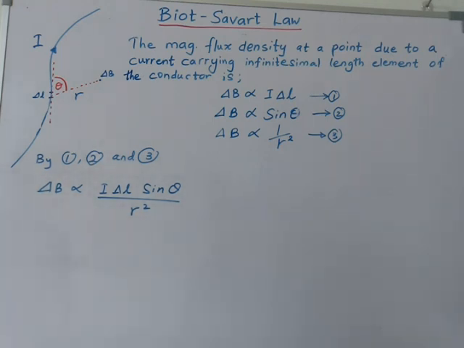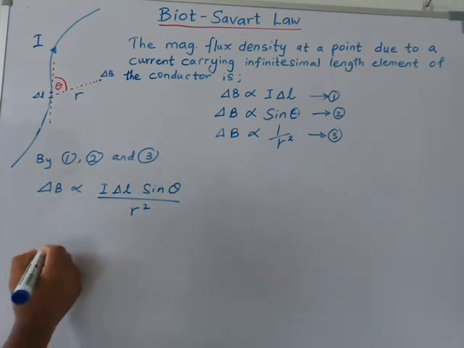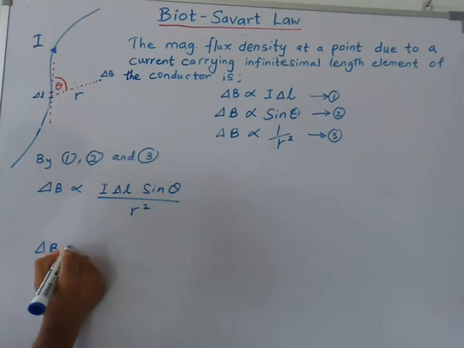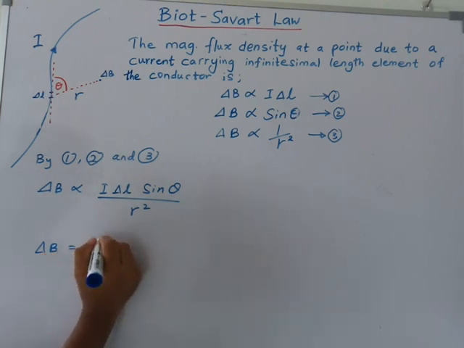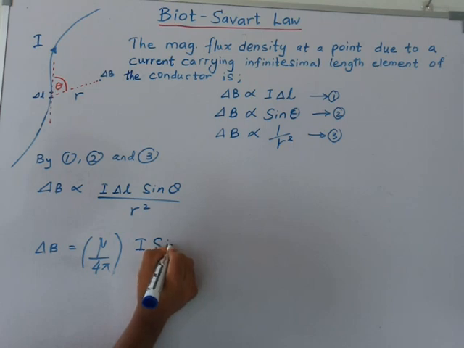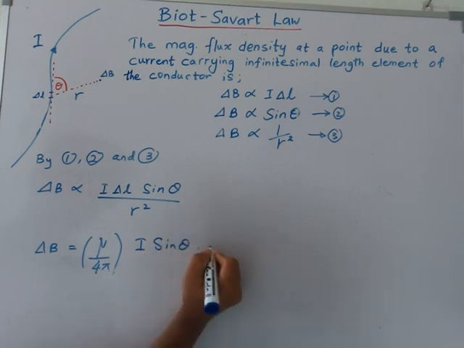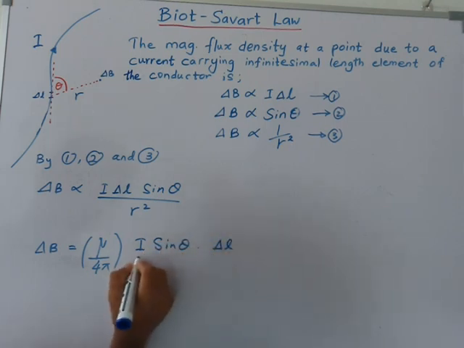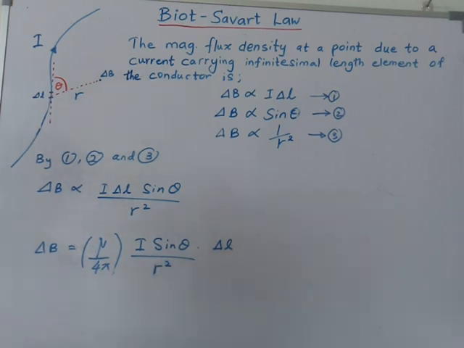Now I can write delta B is equal to mu over 4 pi, where mu over 4 pi is the proportionality constant, times I sine theta times delta L over R squared. So this is the equation that we get from Biot-Savart law.